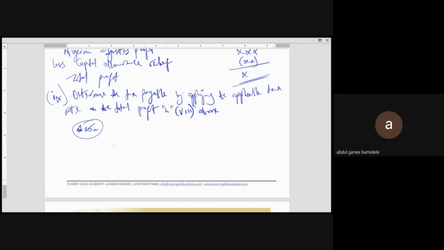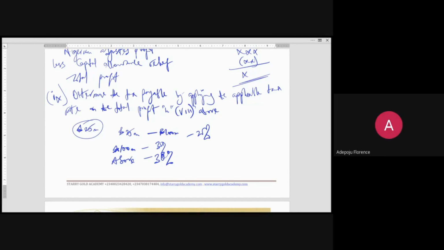If it is between 25 million and 100 million naira, the rate is 20%. When the turnover is 100 million naira, the rate is 30%. If it is above 100 million naira, it will still be 30%.